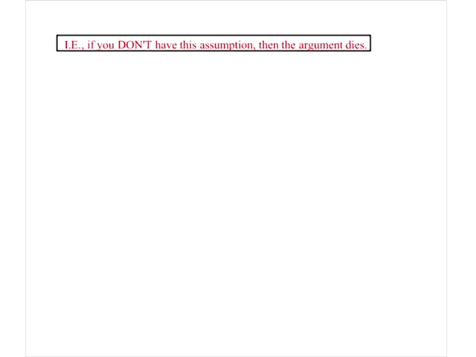Here's the statement that we figured out about assumptions before. If you don't have the assumption, then the argument dies, for any valid assumption. What can we do with this? Well, we can actually use this as a criterion for evaluating assumptions.